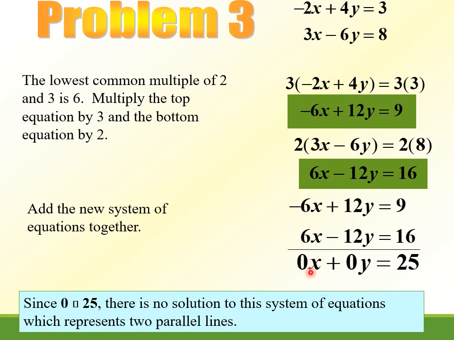If everything gets cancelled out, then just know that there is no solution to the system of equations like this. That means these two lines are parallel lines, and parallel lines do not meet. And when they do not meet, it means they are not going to cross each other. And if they don't cross each other, there is no specific point. So it is like infinity. That's what we call it in math.